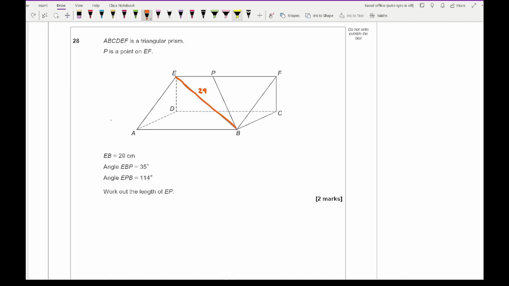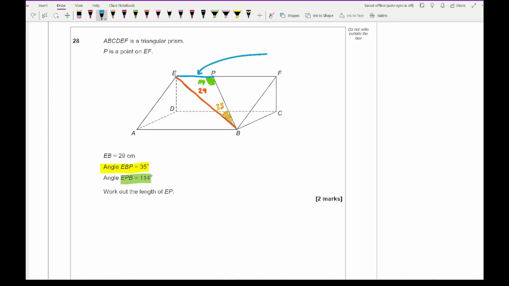We know that the angle EBP, so this angle here, is 35, and we know that angle EPB, which is this angle here, is 114, and the question is asking us to work out the length of EP. So we want to work out what this length here is going to be.